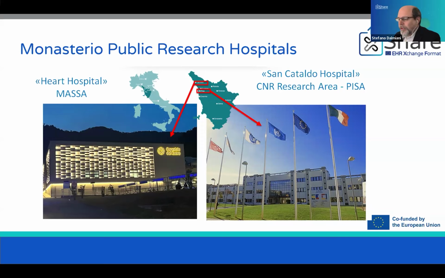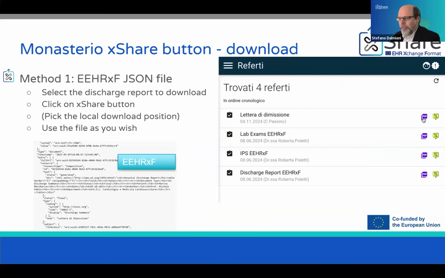We always wanted to give our patients something more than paper, to support their healthcare processes and also their encounters with other healthcare professionals and general practitioners. So that's why we started adopting the share button directly in our system.